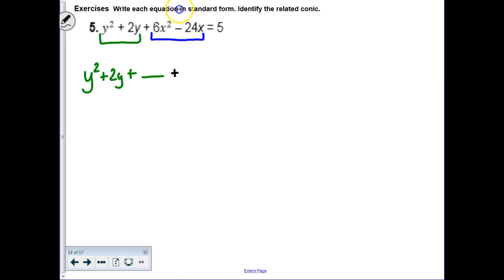Now when I go to complete the square on the x's, I have that factor of 6. You're going to need to take that out. So this becomes x squared minus 4x plus blank. Someone already moved the 5 over. That was nice. And then you've got to balance everything out. So plus the green thing and plus the blue thing.